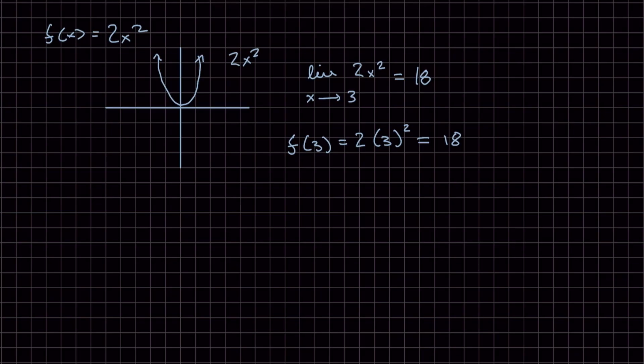How did I know that? Well, I know that f of 3 is 18. So all the limit is saying is, as you get closer and closer and closer to some arbitrary value, whatever it might be, what is the value of your dependent variable, right?